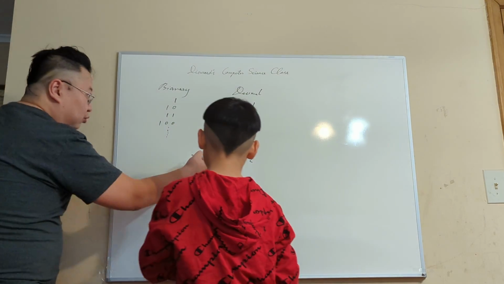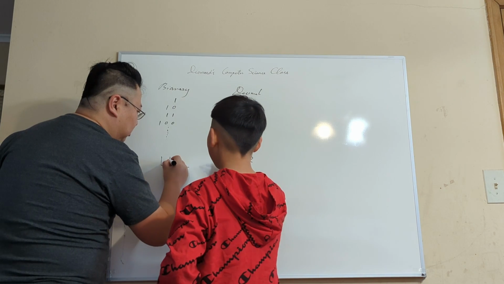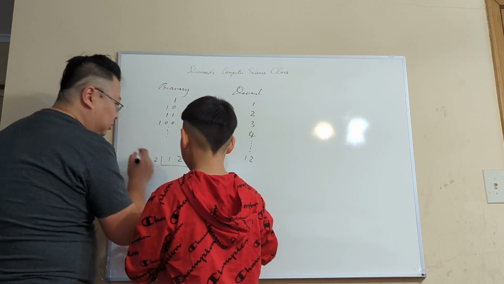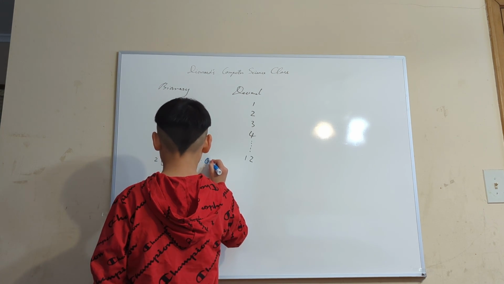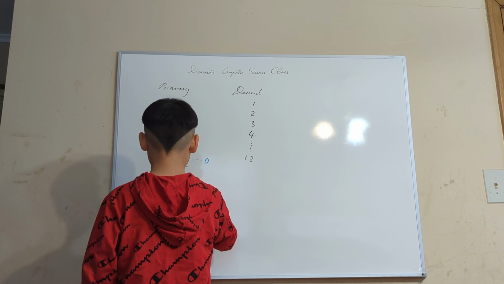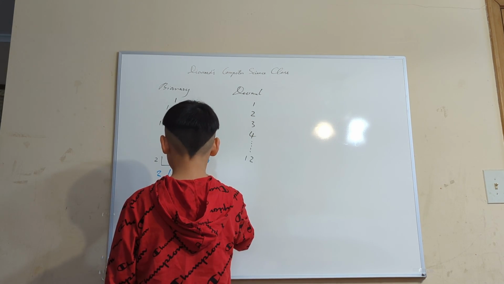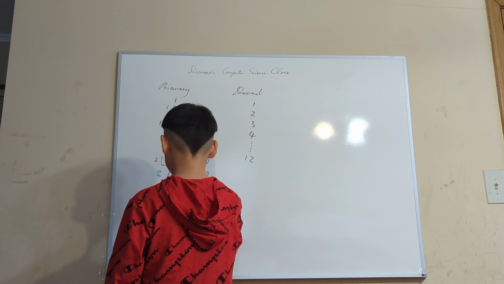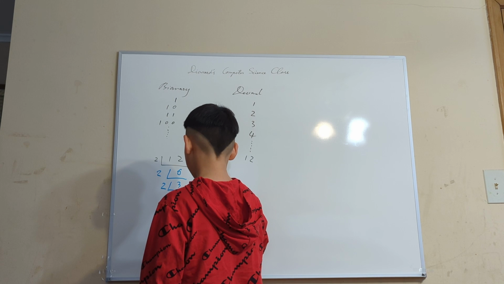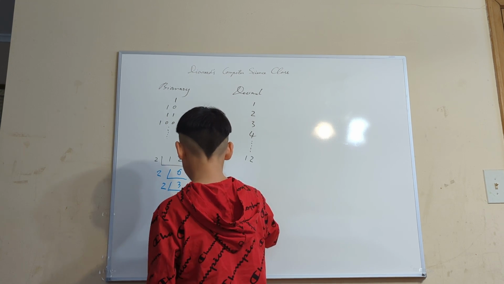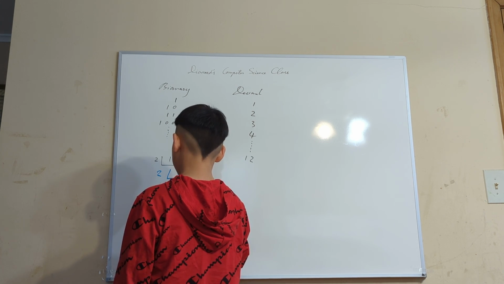I told you how to transfer a decimal number into binary. 12 divided by 2, remainder 0. There will be 6. Divided by 2, remainder 0. It will be 3. And then divided by 2, it has a remainder of 1, and then it will become 1.